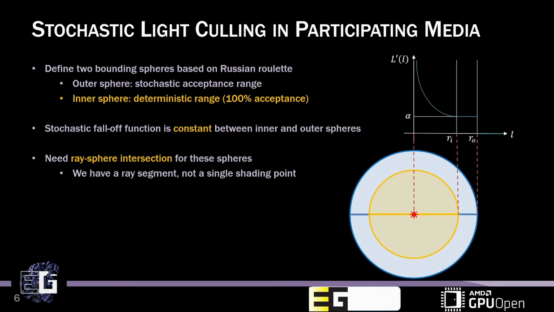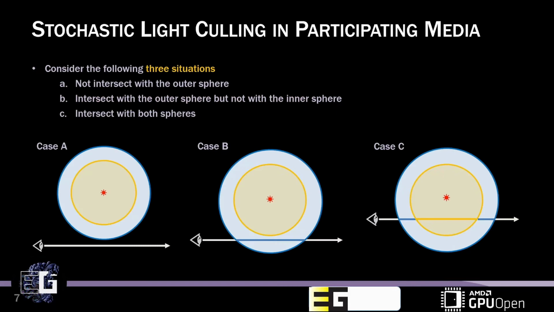Compared to the application to surface illumination, the situation is slightly different when we use it for volume, because now we have a ray segment instead of a single shading point. Therefore, for these two bounding spheres, we need to do a ray-sphere intersection. But then, how does the ray intersect with these spheres?